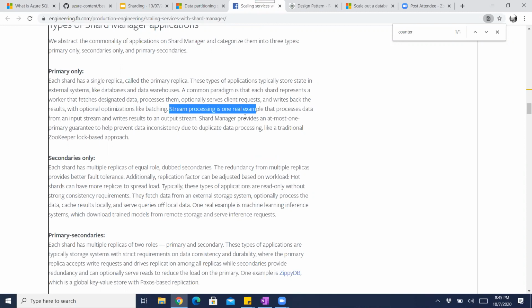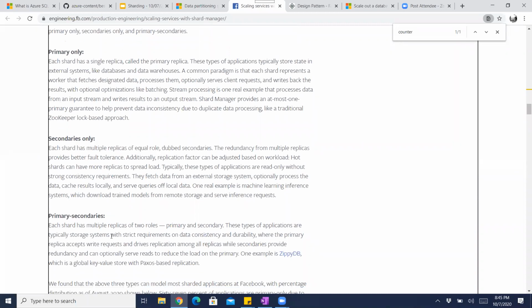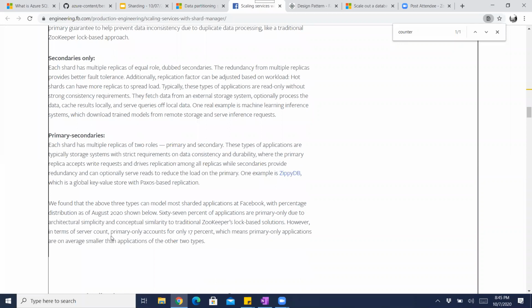Similarly, secondaries are the ones which are mainly used for read-only loads, and what they say is machine learning inference, which basically downloads the trained models from remote storage and so on. Here, each shard has multiple replicas and each of them has an equal role. Primary-secondary is like some of us can guess: you have a primary replica and then secondary.